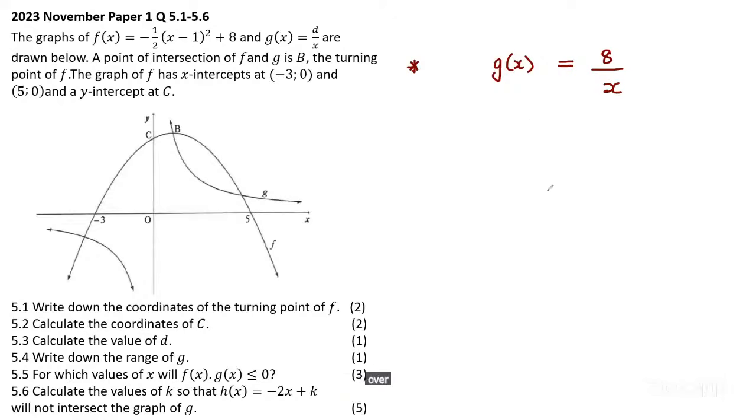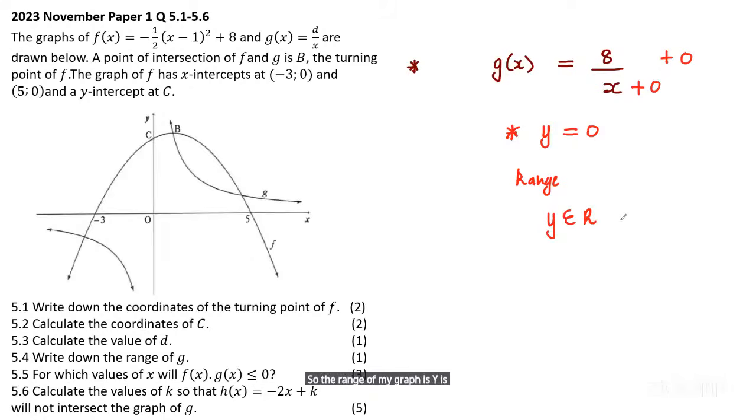I did say earlier that the Y asymptote and the X asymptote are the Y and X axes. So in other words, the Y asymptote would be Y is 0. So the range of my graph is Y is an element of real numbers, but whatever happens, Y cannot be equal to 0.